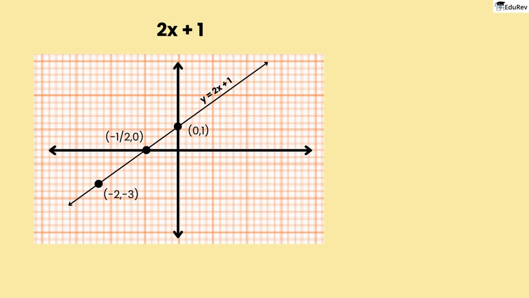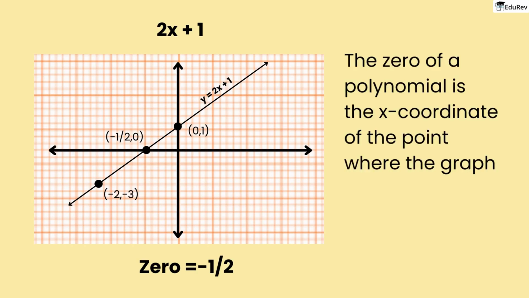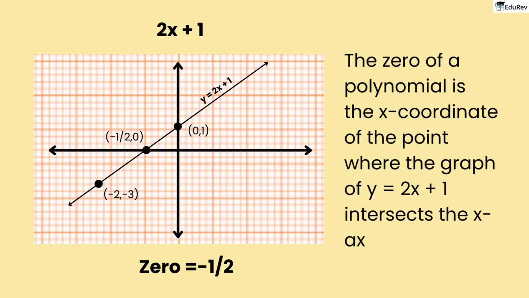Thus, the zero of the polynomial 2x plus 1 is minus 1 by 2, because the zero of a polynomial is the x-coordinate of the point where the graph of y equals 2x plus 1 intersects the x-axis.